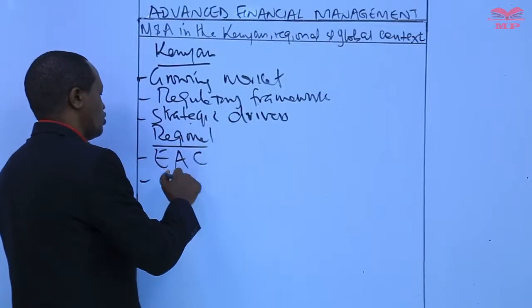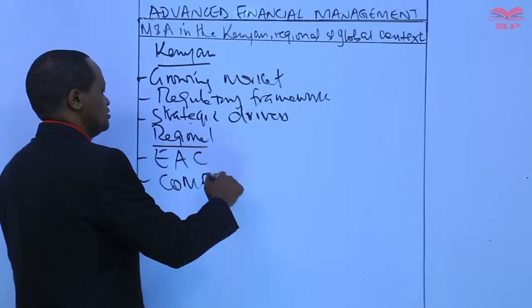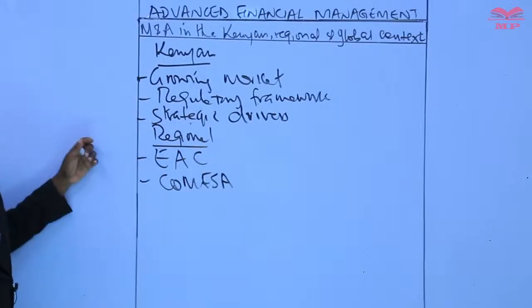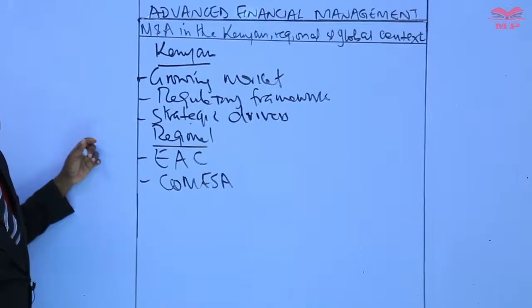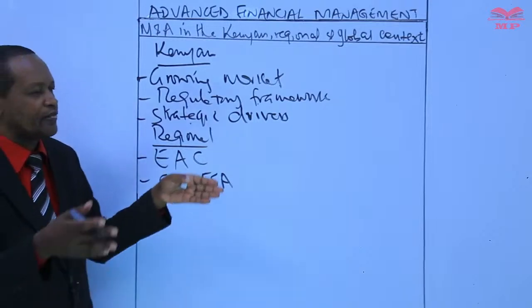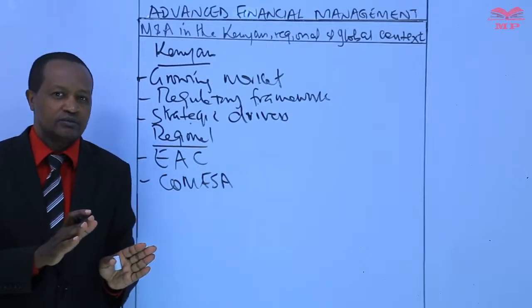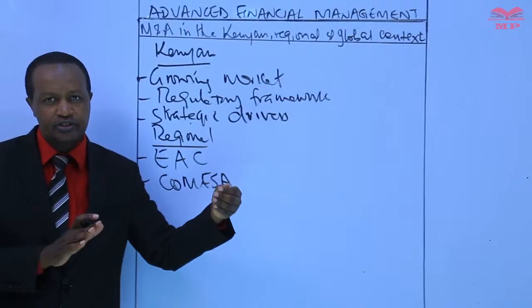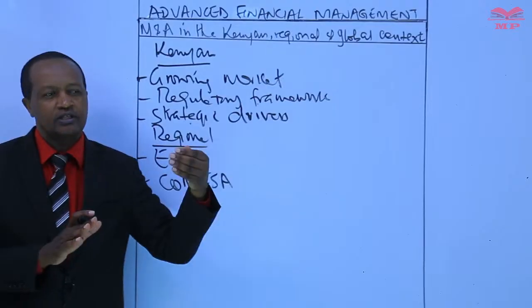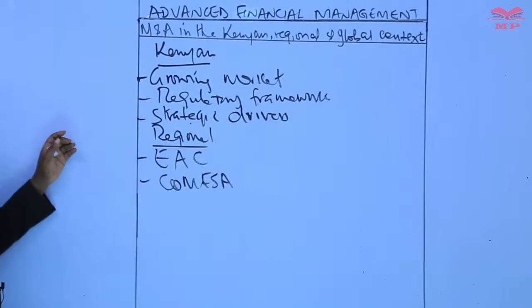We also have COMESA, the Common Market for Eastern and Southern Africa. COMESA also influences mergers and acquisition activities. COMESA also has regulations that apply to transactions in multiple member states.